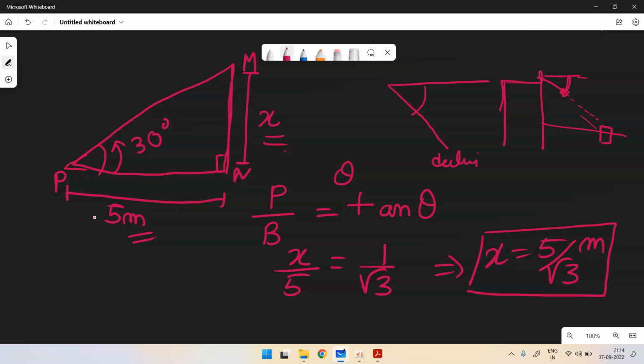Now is there anything else you can calculate? Yes, you can. Suppose another question. It is given that from a point M on a pole, a point P on the ground is tied tightly with a rope such that it is straight.